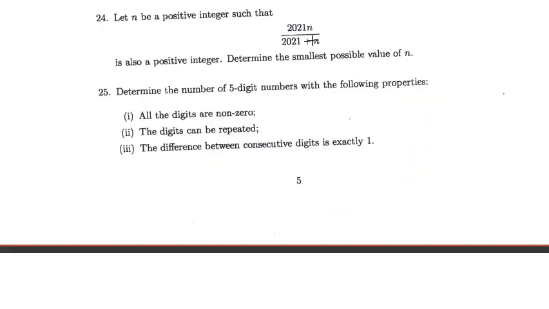SMO 2021 senior section first round problem number 24. Let n be a positive integer such that 2021 over 2021 plus n is also a positive integer. Determine the smallest possible value of n.